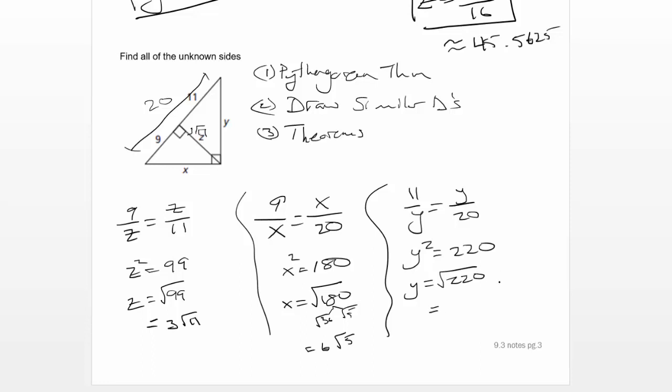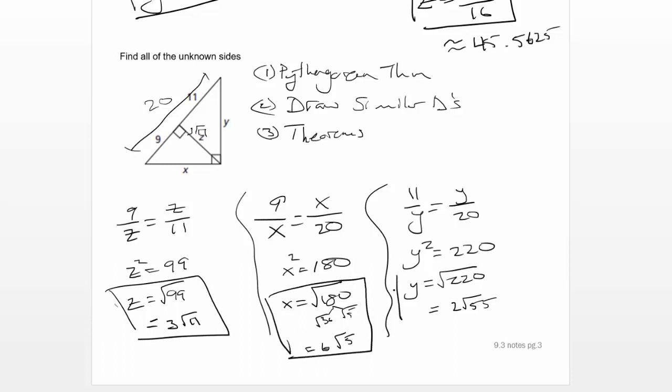Which, again, using a factor tree, you can show pretty efficiently that this is 2 square roots of 55. Again, if the directions said you could round to the nearest 10th or 100th or so, just type this into your calculator and get it to decimal and round it appropriately. But without that, I think the exact answers are the best answers.